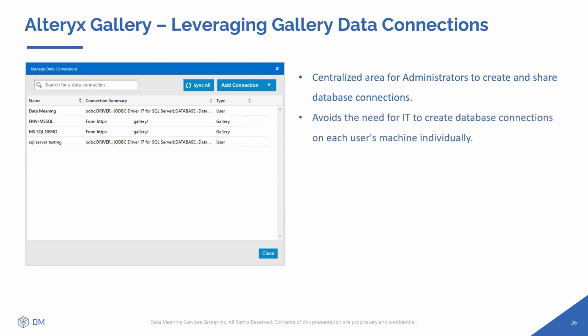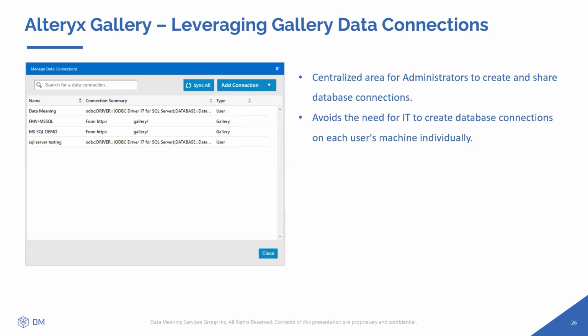So the idea here is that it avoids the need for IT to create database connections on your machine, for example, your personal laptop. It's highly dependent on the security of your company, but sometimes since you don't have admin permissions on your computer, you are not able to install anything there. And even Designer, maybe you needed to ask someone from IT to install Designer on your machine.